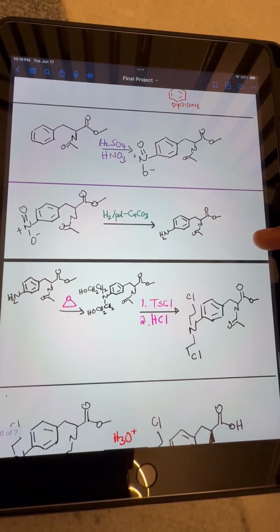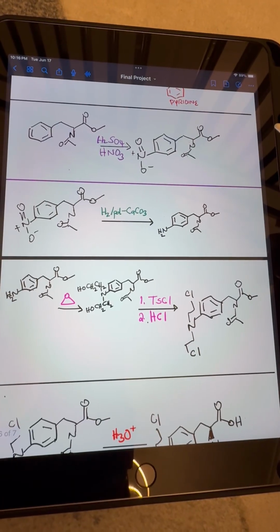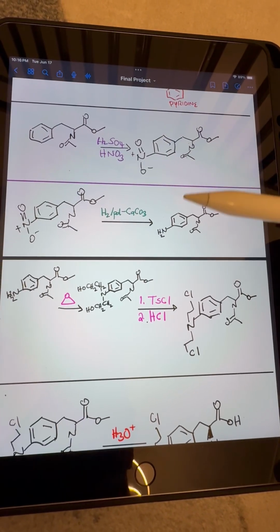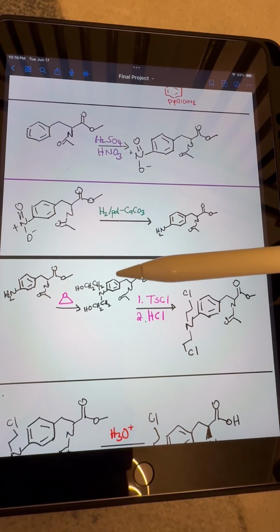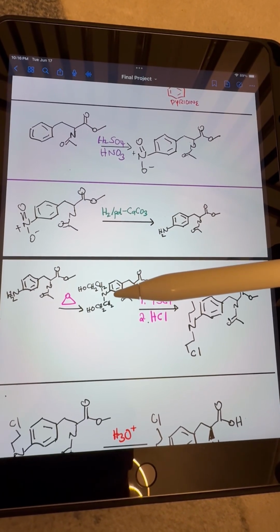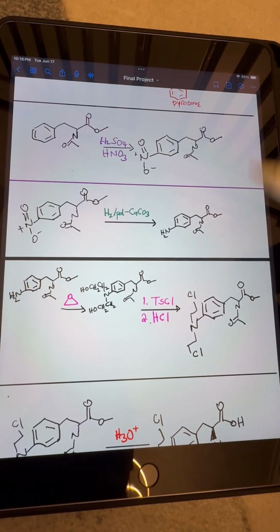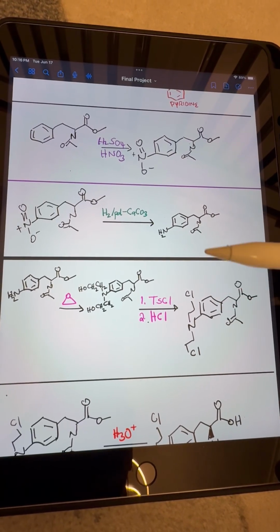And from there, I used epoxide because I need an extra chain onto my nitrogen, in order to attach the chlorine.